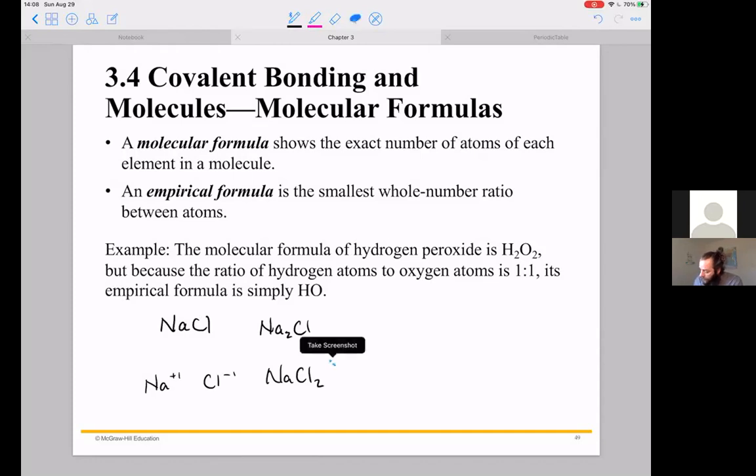When it comes to covalent compounds, these ratios are not set even a little bit. So if I take, for example, a compound that consists of carbon and hydrogen, well, there is such a thing as CH4. There's such a thing as C2H6. There's such a thing as C3H8. There's such a thing as C3H6.